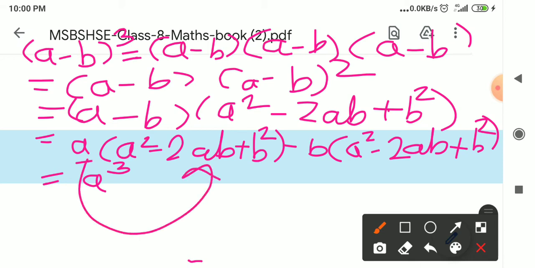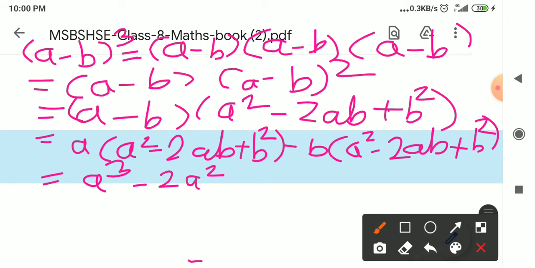Now we multiply a with minus 2ab: plus into minus is minus, 2 is the coefficient and stays as it is, a into a is a square, and b stays as it is. Now a multiplied with b square gives plus ab square.